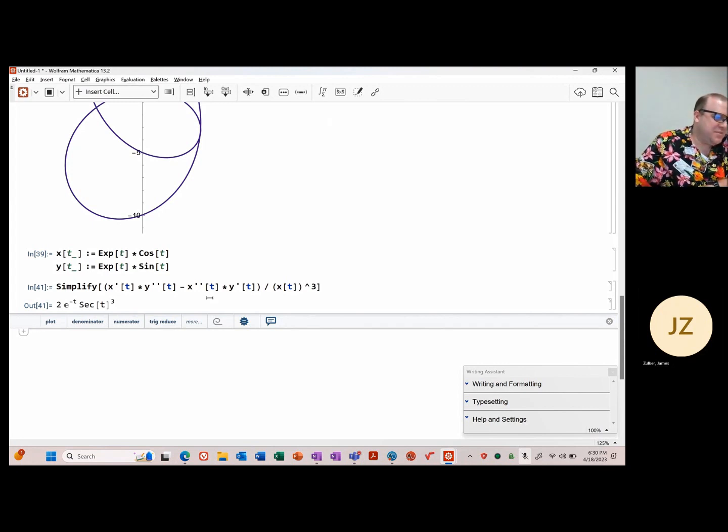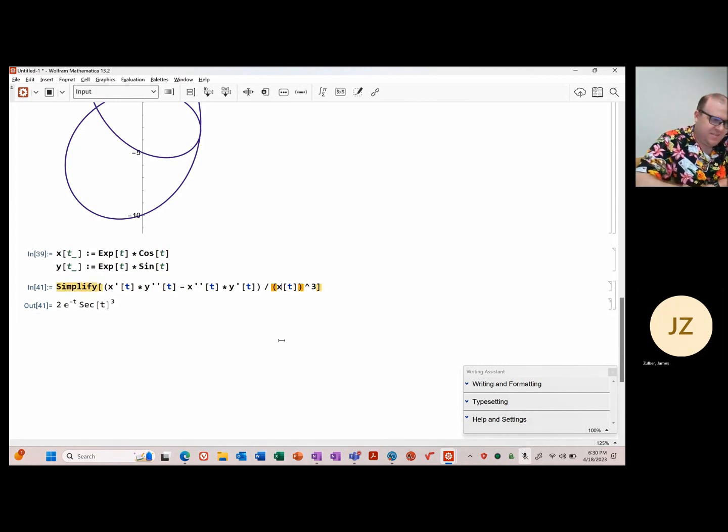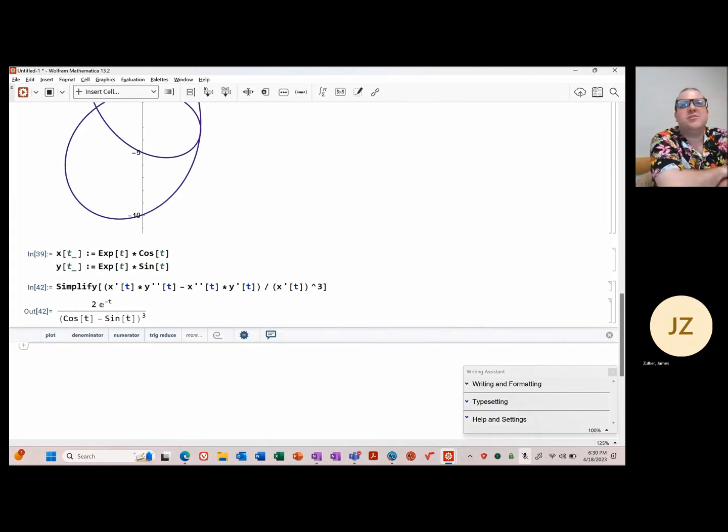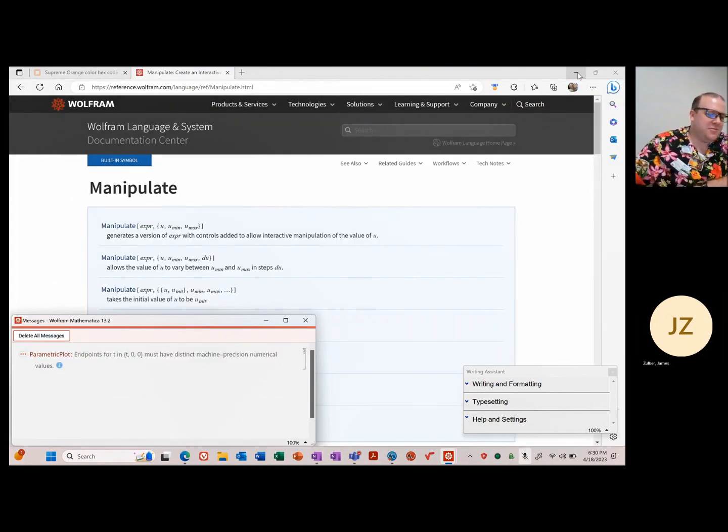Yeah, it should be x prime, because I knew that wasn't right. That's better. There's my second derivative with respect to x. And then what you do is just go like this.